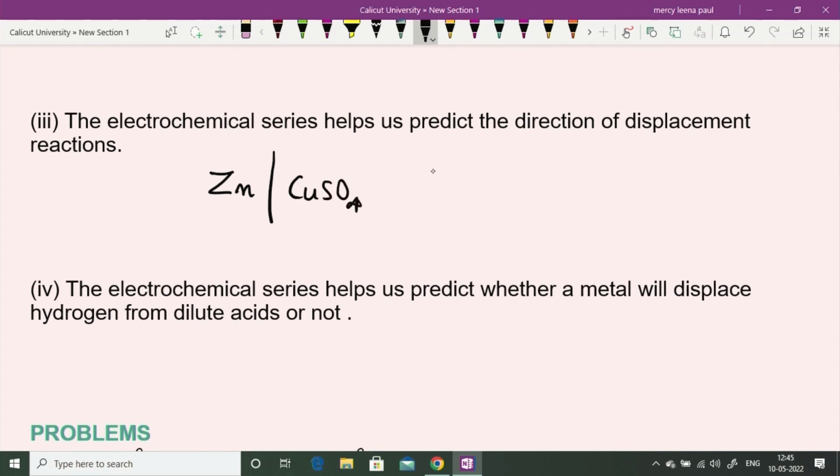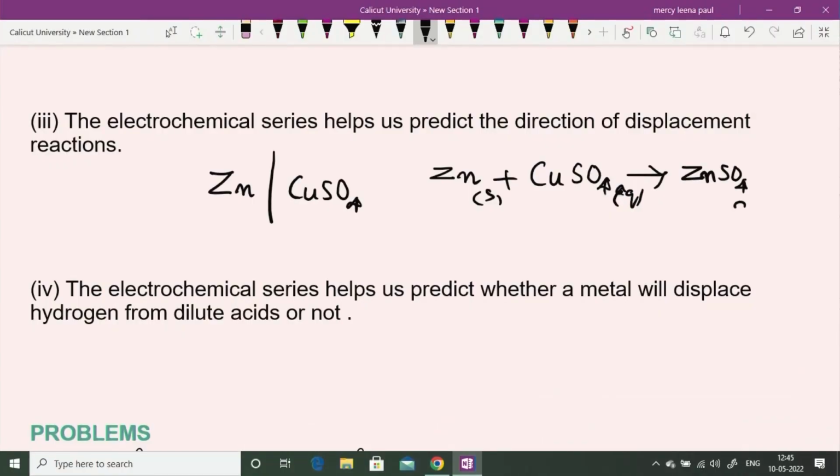The reaction was zinc plus copper sulphate aqueous giving zinc sulphate aqueous plus copper solid. Here the zinc displaces copper, forming zinc sulphate, and the copper is precipitated out.